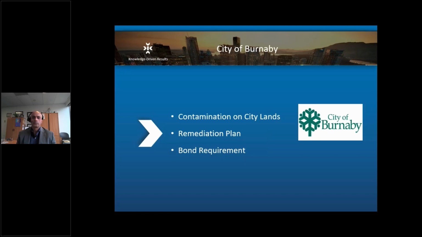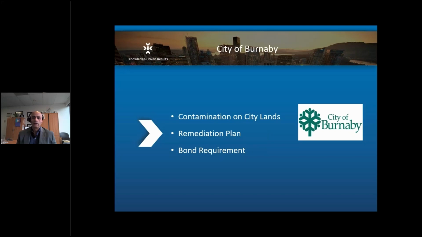Again, it's not a negotiation, it's a conversation you need to have with the City of Burnaby to understand their position. The City of Burnaby will require a remediation plan, not just with respect to the contamination, but also the development. How do the development and the remediation work together? Are you developing in phases, and how will the remediation be impacted?